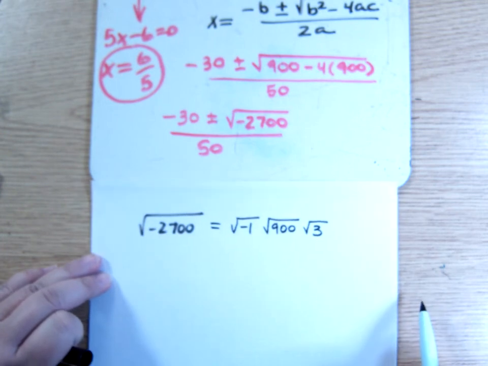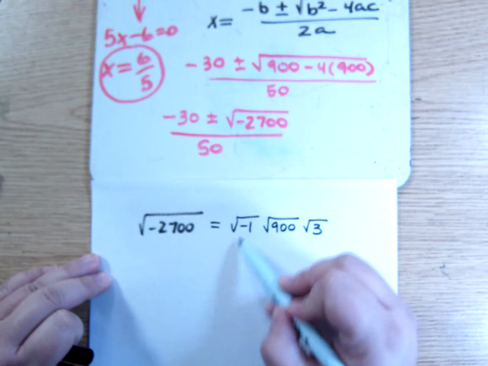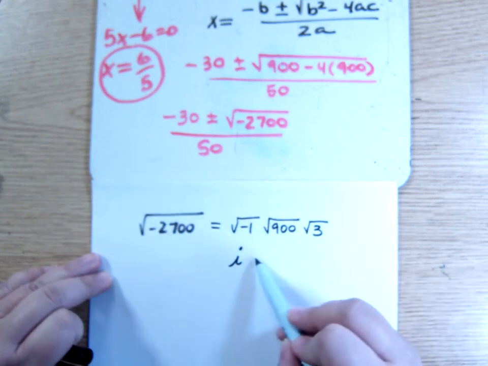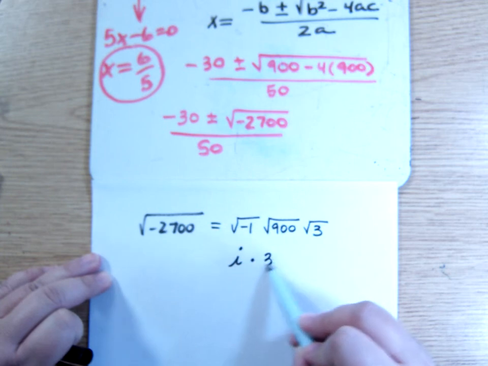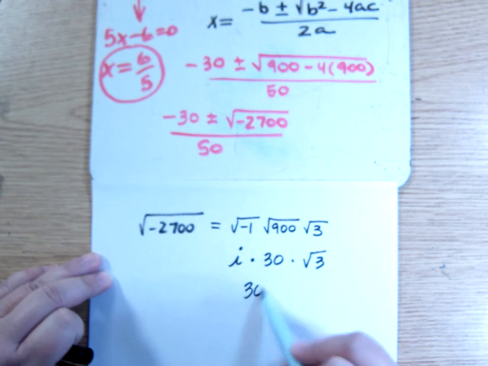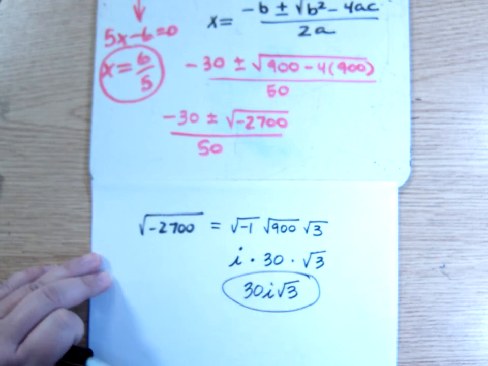The reason I did the negative 1 separately is because by itself that's an i. Square root of negative 1 is just i. Square root of 900 is 30. And the square root of 3 we can't simplify. So this is what I'm going to have in place of that radical, is 30i times the square root of 3.